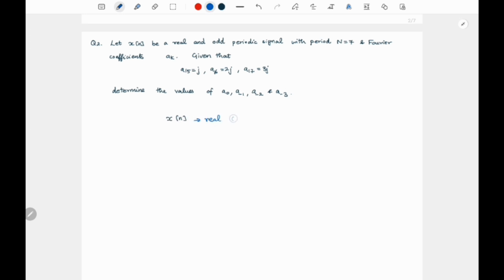real and odd. So for real, you have x of n equal to x star of n, and for odd you have x of n equal to minus x of minus n. So this implies that your ak equal to a minus k conjugate, and this implies that your ak is equal to minus a minus k.